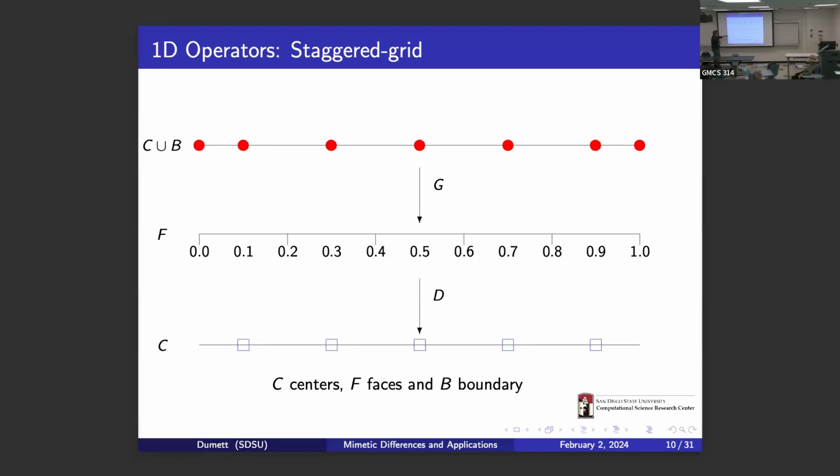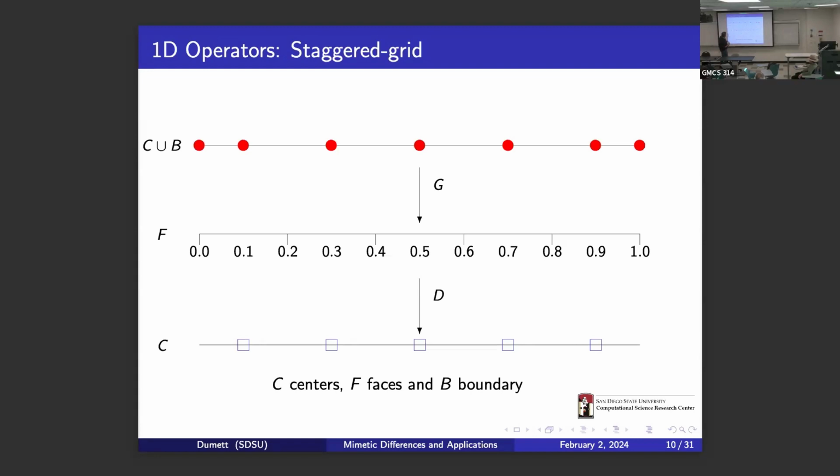So suppose I have the centers and the nodes. This is what I was calling XC. I have the centers and the nodes. And here I have, let's say, the blue ones plus the extremes.